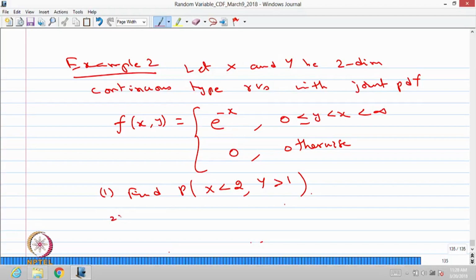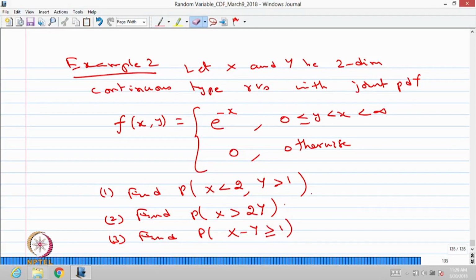Second, find the probability of x greater than 2 times y. Third, find the probability of x minus y greater than or equal to 1.